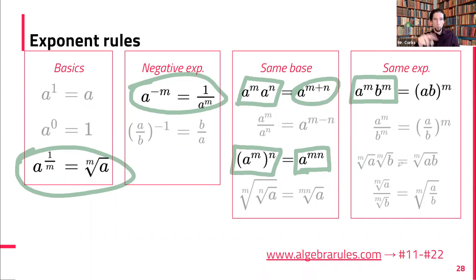So if you can remember these 5, the rest of these other ones just follow automatically, from combining these rules, or just from logic or common sense. So if exponents are a harder thing for you, or you've forgotten some stuff, focus on these 5, and that should get you through any exponents situations that you encounter.